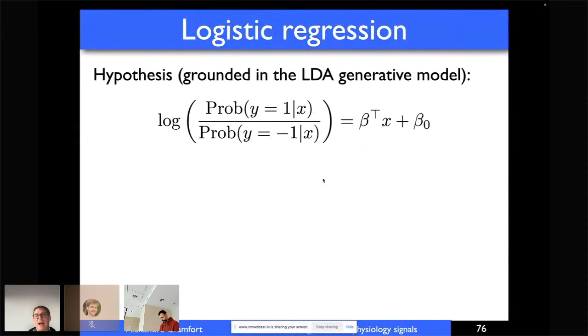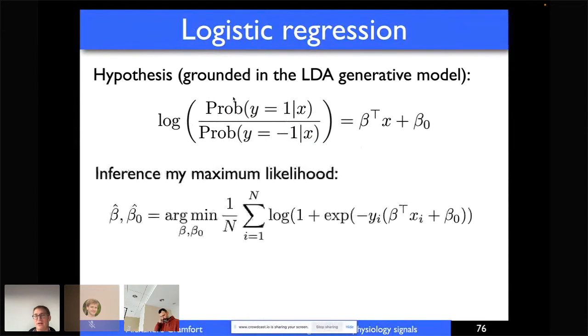What it means, after just postulating this quantity, which doesn't come from nowhere, and if you know the theory of LDA, you end up with the same thing, but for logistic regression, you start from this, you postulate this, and just by postulating this and doing so-called maximum likelihood in order to optimize and infer the parameters beta and beta 0, which are basically the slope of the separating line or hyperplane, and here the offset, you end up minimizing a cost function with whatever gradient method you want.